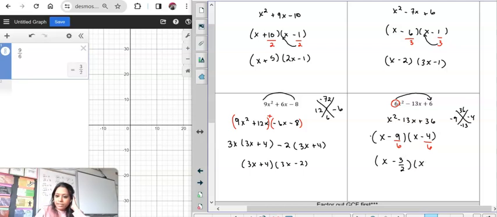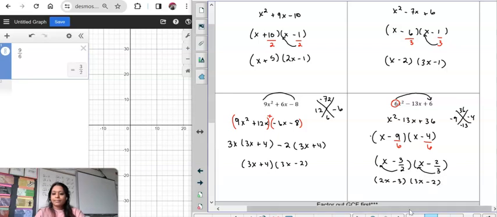And then here, 2 and 3, right? Because 2 goes into 4 2 times, 2 goes into 6 3 times. And then here, I'm going to have to go ahead and slip both of them back. I'm going to put both of them back here. So this is 2x minus 3, and then 3x minus 2.